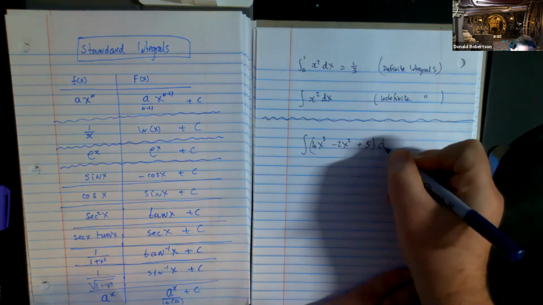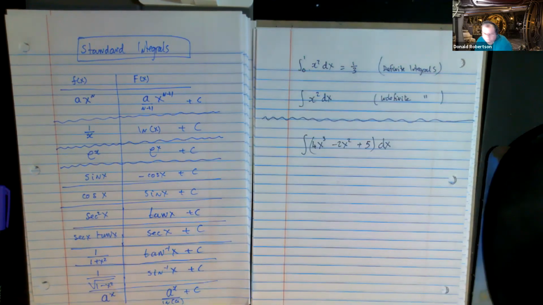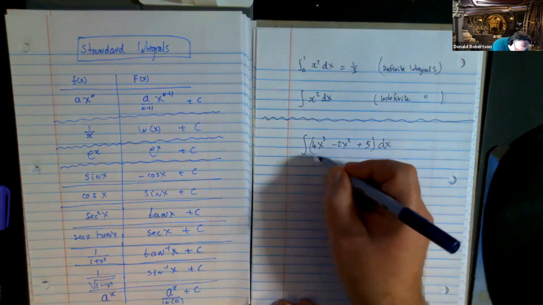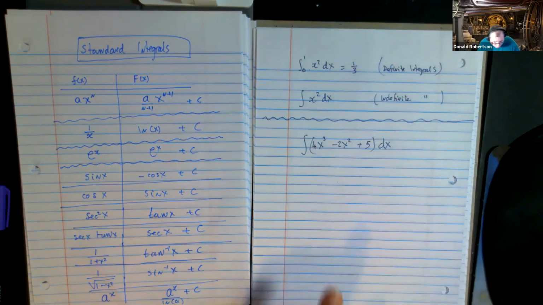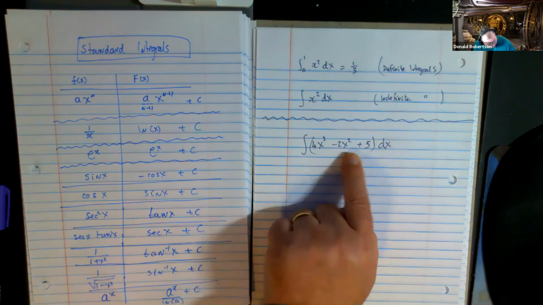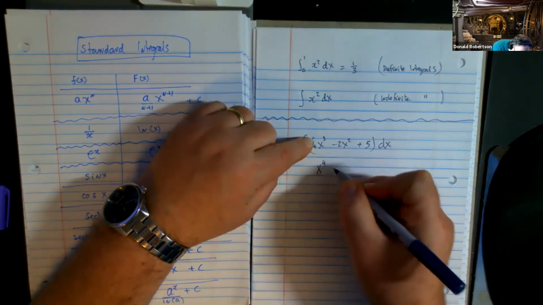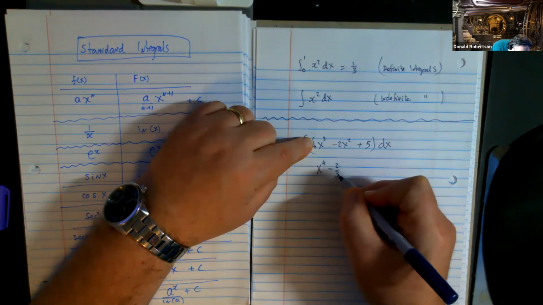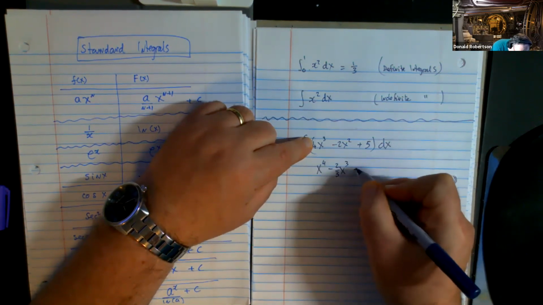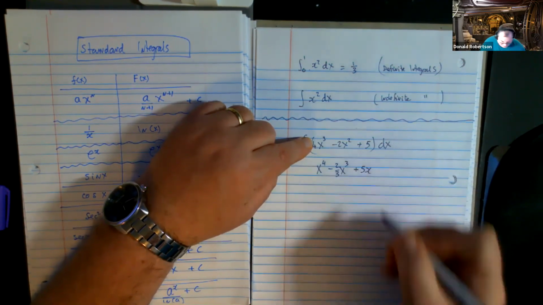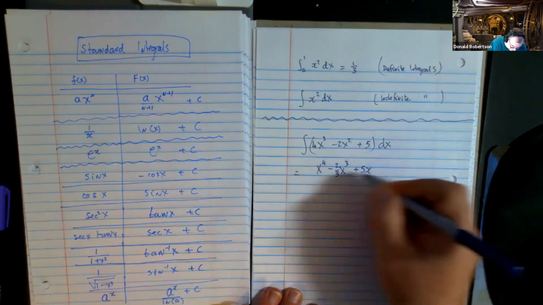Here is an indefinite integral. You find the antiderivative. Well, that makes sense. Add 1 to the power, divide by the new power. Add 1 to the power, divide by the new power. You get 5x. Here's the difference.